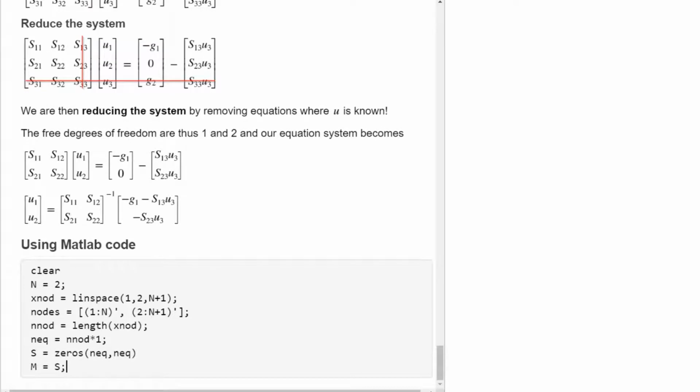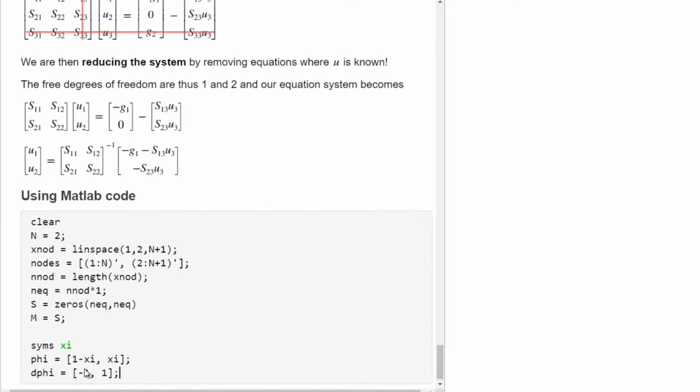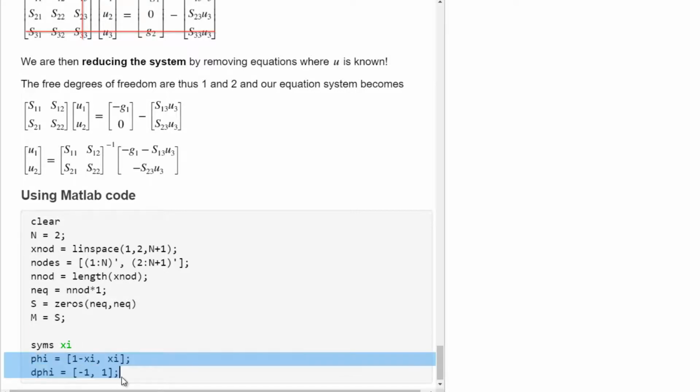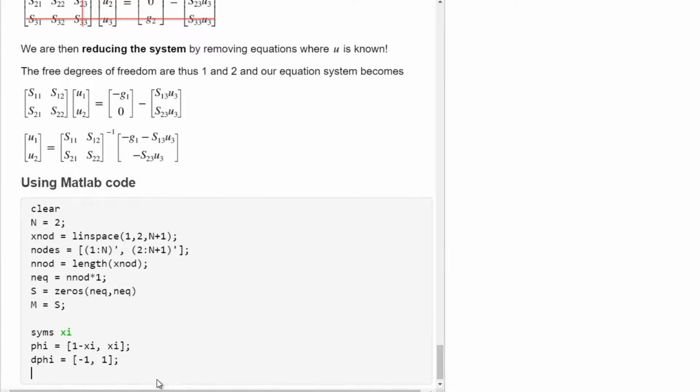And what we need to do now is we're still doing a little bit symbolics here because we haven't gone into numerical integration. So we need our symbolic xi here, but now we're defining this outside of the for loop because this is always going to be the same. So phi here is 1 minus xi and xi.